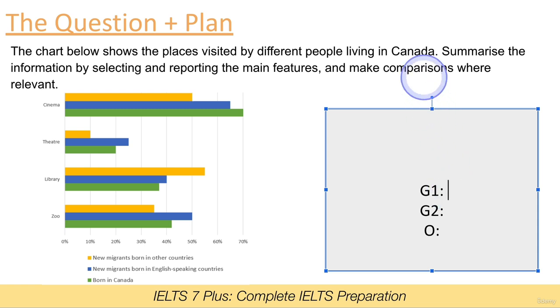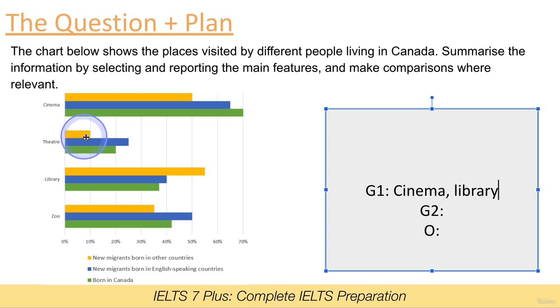The group that is very striking is not the group, the place is the cinema. So we could group that together with perhaps the library is also very high and the zoo is also very high. Let's go for maybe the library, similar sorts of pattern here.